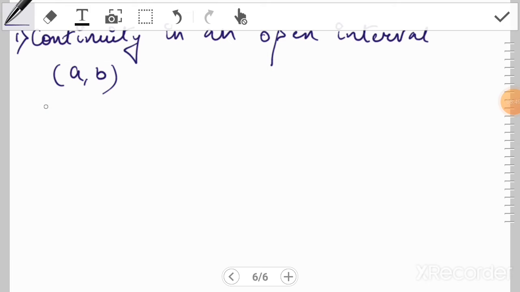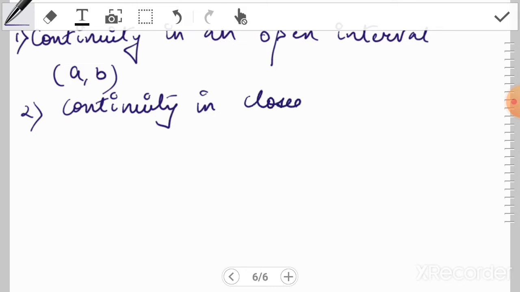And continuity in a closed interval, you can write this as [a, b]. It is continuous if it is continuous from the right at a and continuous from the left at b, and continuous on the open interval (a, b).